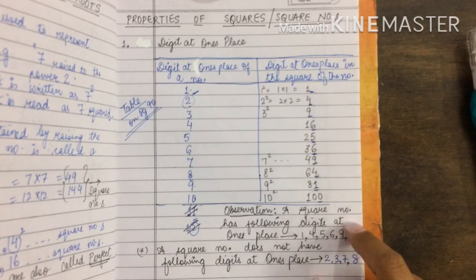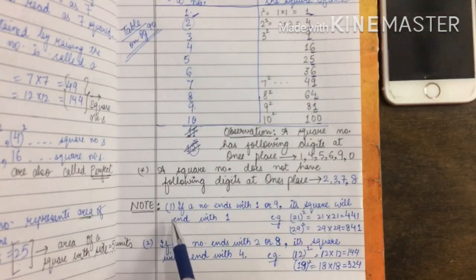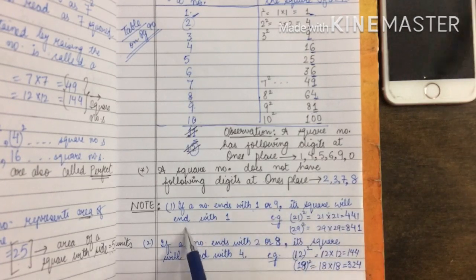So based on this, let's write down what we can say about the digits at ones place in a number and the digits at ones place in the square of that number. First note is, if a number ends with 1 or 9, its square will end with 1.